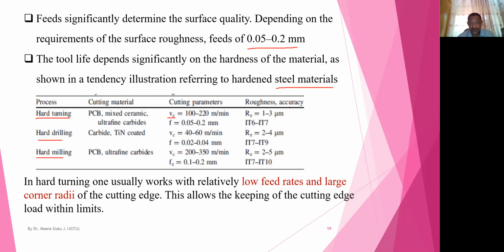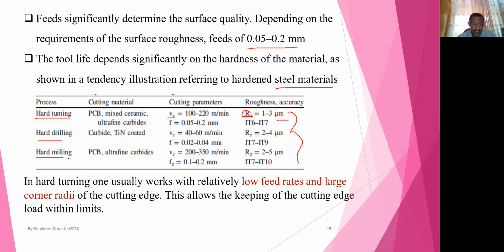The roughness or accuracy level, Rz, which indicates the level of smoothness of the machined surface, should reach up to 1 up to 3 micrometers. So it is a micro surface finishing process.